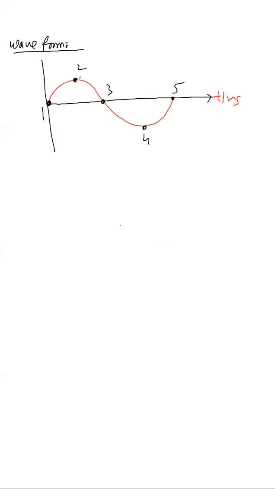So if you look at these points, initially when there was no wave, all these points were at the mean position. But now, as one complete wave has passed through it, the displacement of each of the particles has changed.